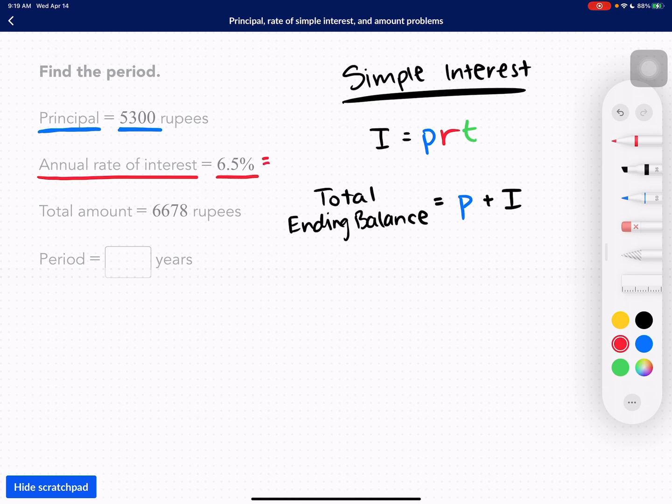If we rewrite that as a decimal, 6.5%, you move the decimal back 2 times. So basically you're rewriting it as the rate to be multiplied, or the multiplier, versus the percentage.